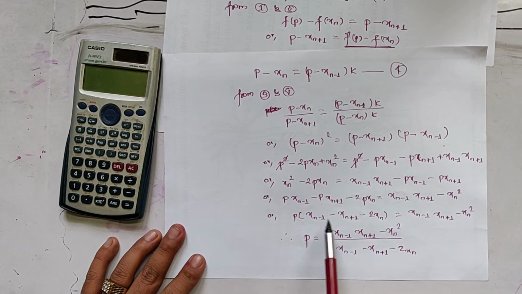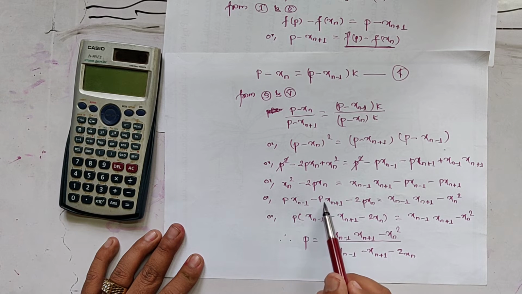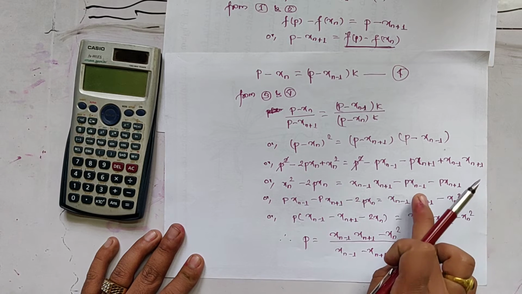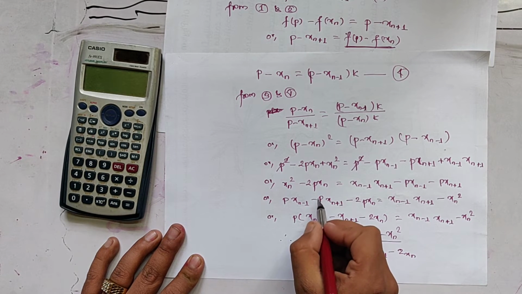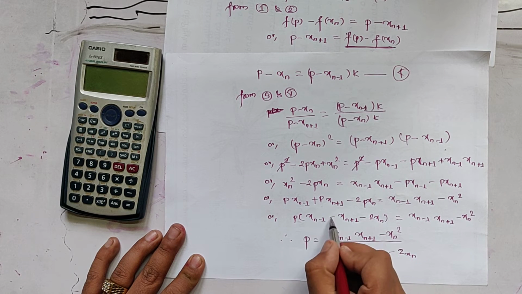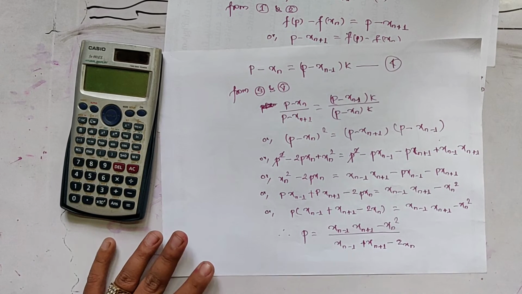Is there any error? When this part is moved, it becomes plus, not minus, sorry, so it is n plus 1.